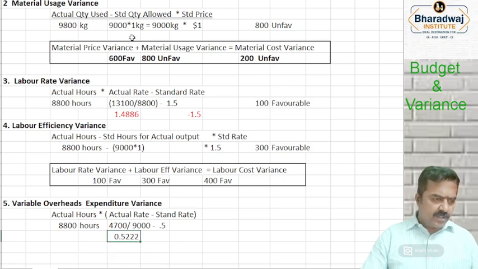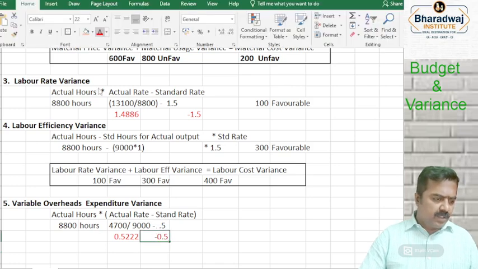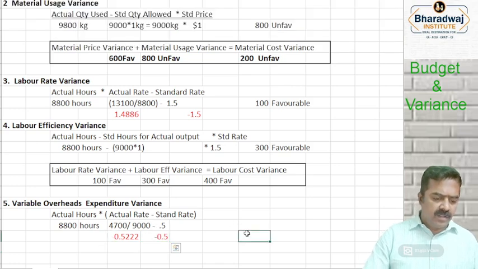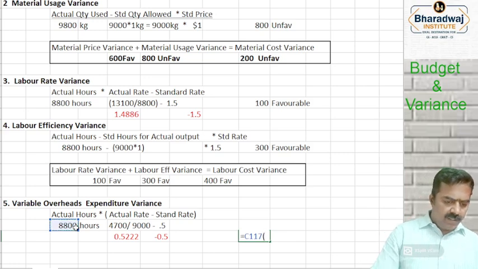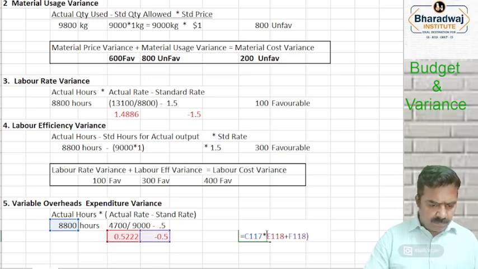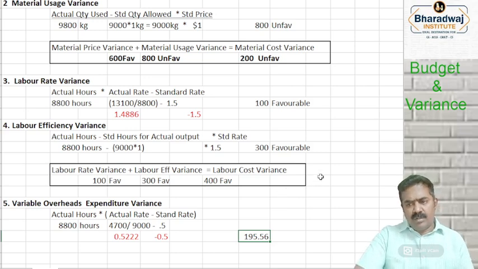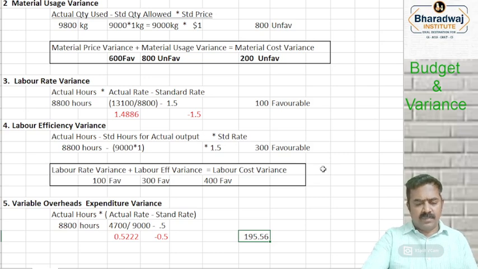We spent this much, but allowed is 0.5. So will it be favorable or unfavorable? Unfavorable. We spent more.